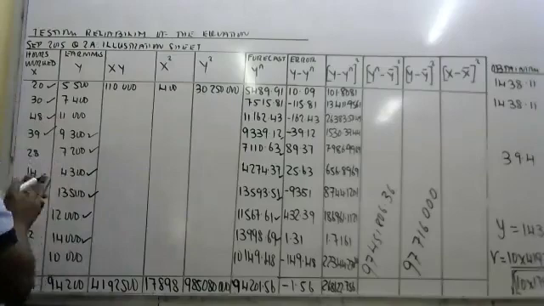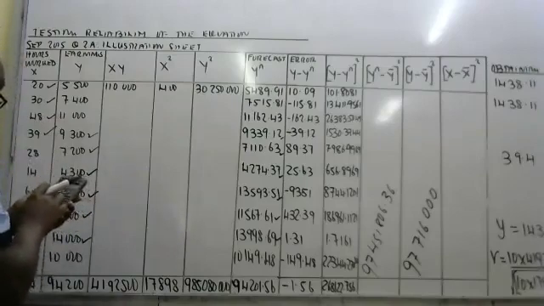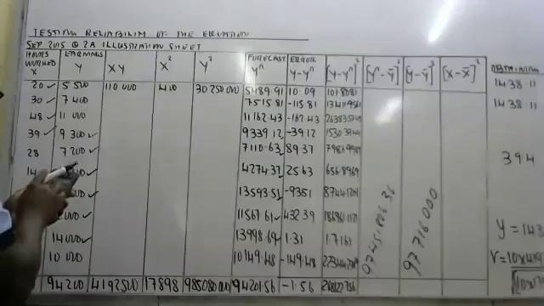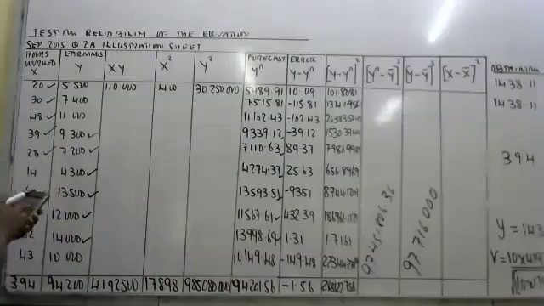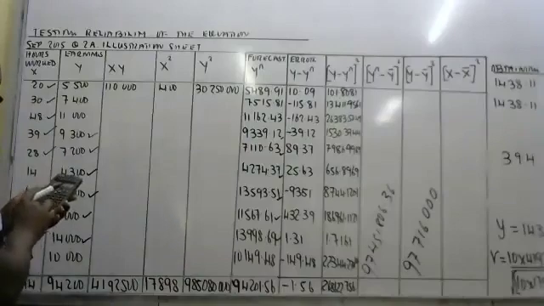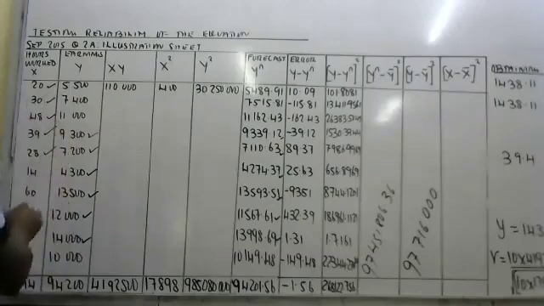Sasa nikuje kwa hii 39, 39 minus 39.4, close the bracket square plus. Sasa niweke hii 28 minus 39.4, close square. Kwanza naweza sema equals, then nikuje kwa hii 14.